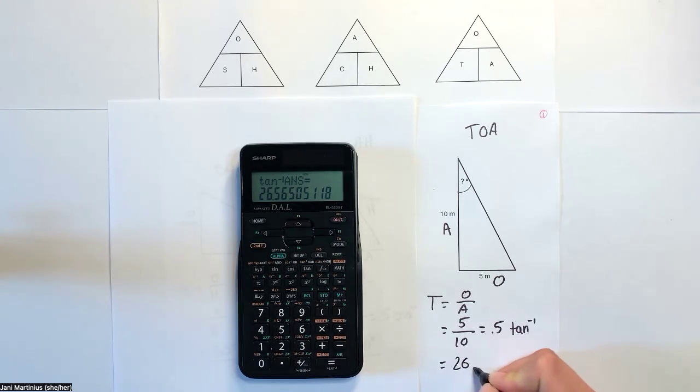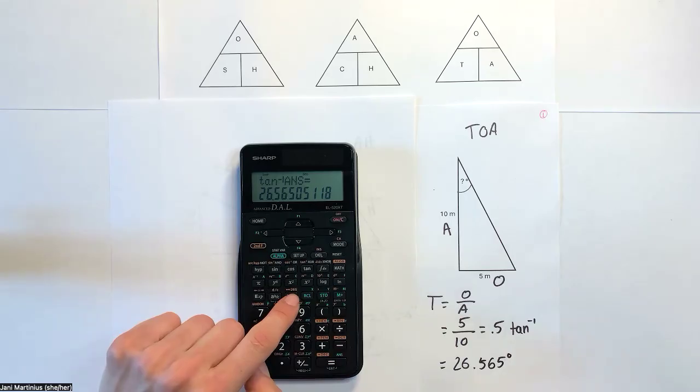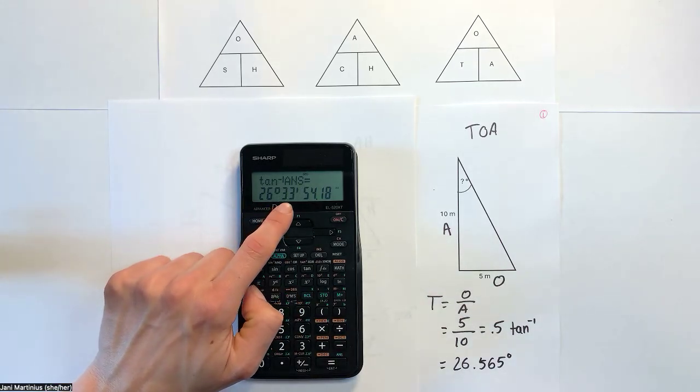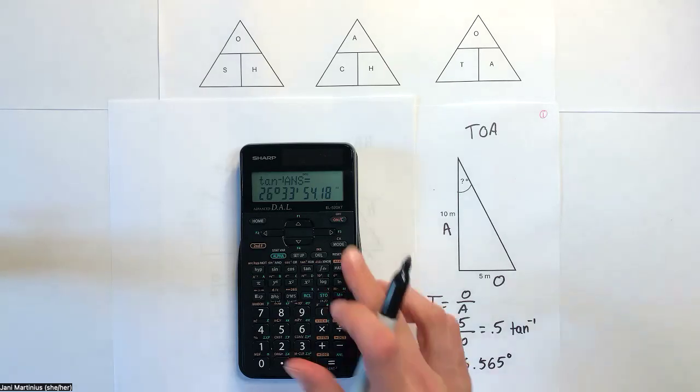So 26.565 degrees. Now, if I wanted to turn this into degrees, minutes, and seconds, second function, degree button, gets us the 26 degrees, 33 minutes, and 54 seconds.